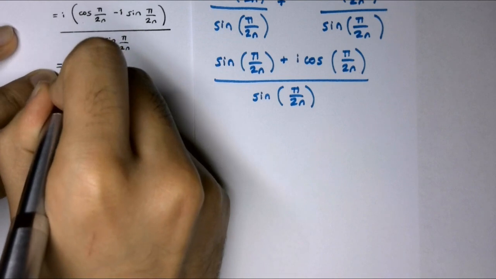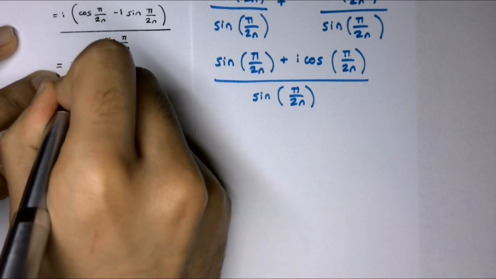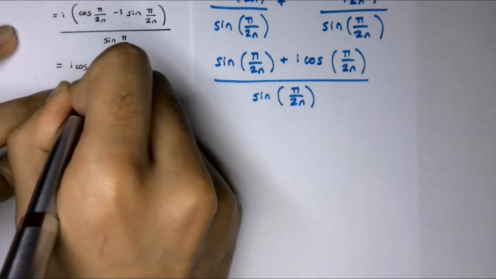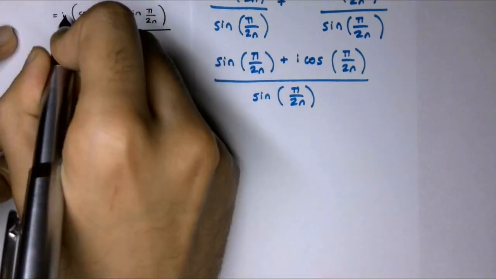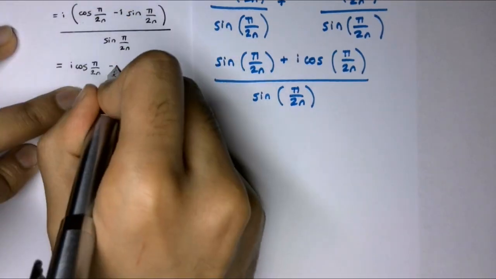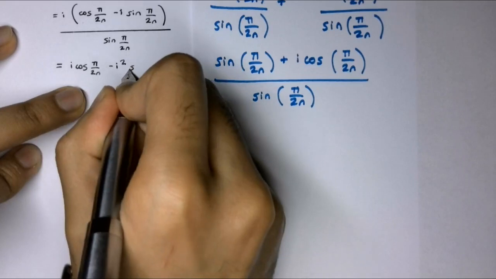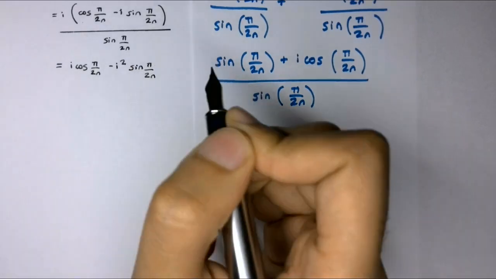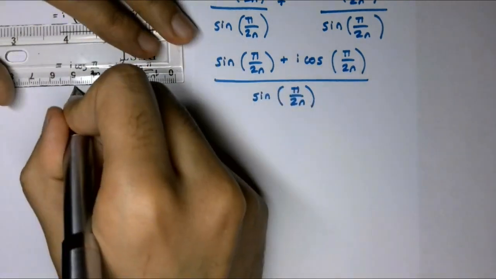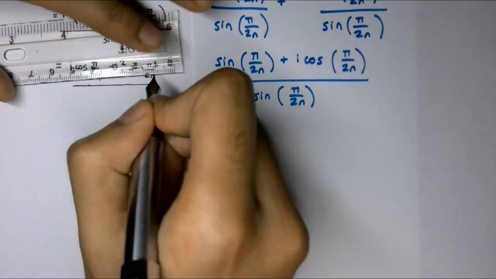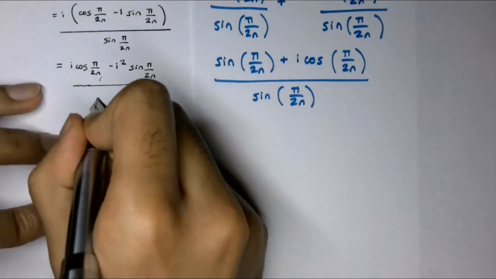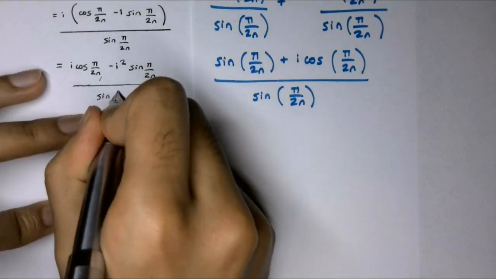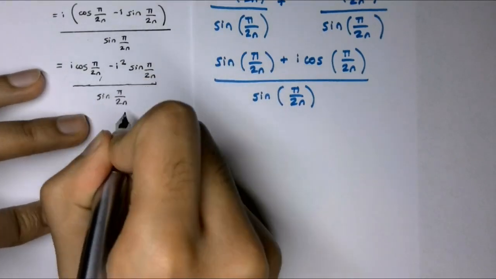Expanding these, we have i times by the cosine of pi over 2n, and then we have i times by minus i, so that's minus i squared, times by the sine of pi over 2n. And on the bottom, we have the sine of pi over 2n.